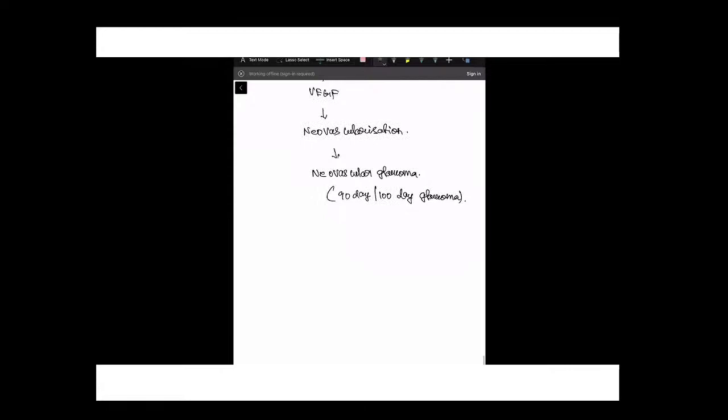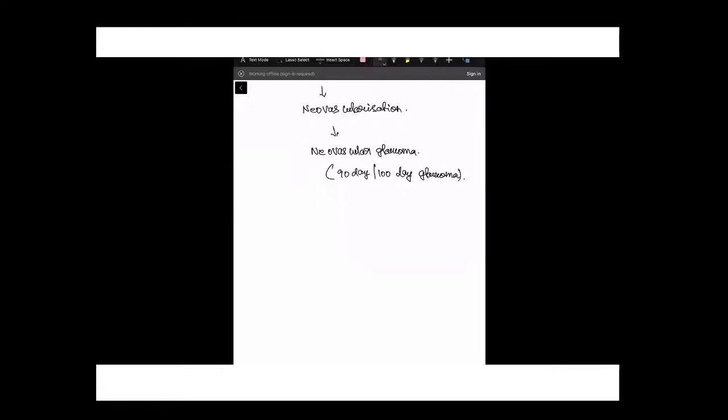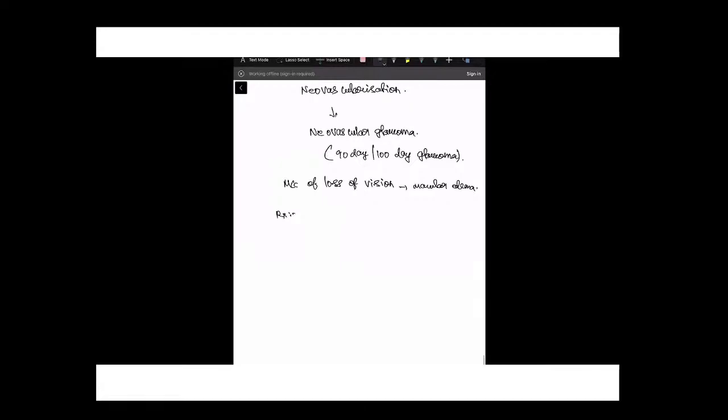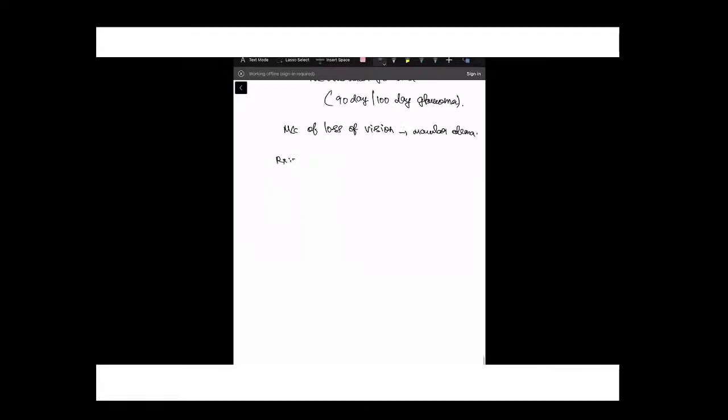Most common cause of vision loss is going to be macular edema, just like NPDR. And the treatment is going to be control of BP, sugar, and control of intraocular pressure with anti-glaucoma drugs.